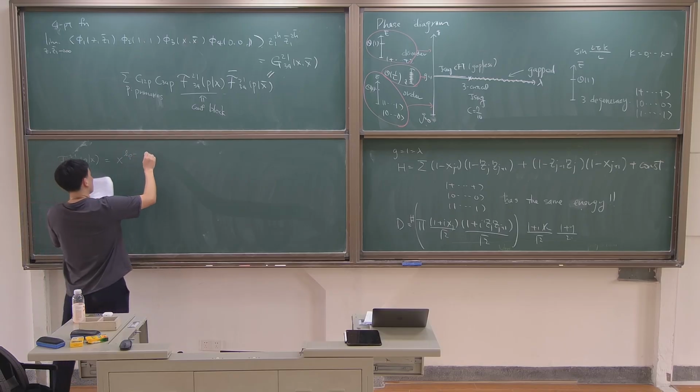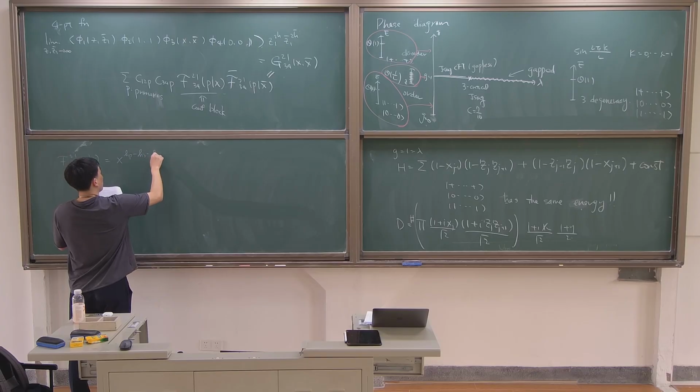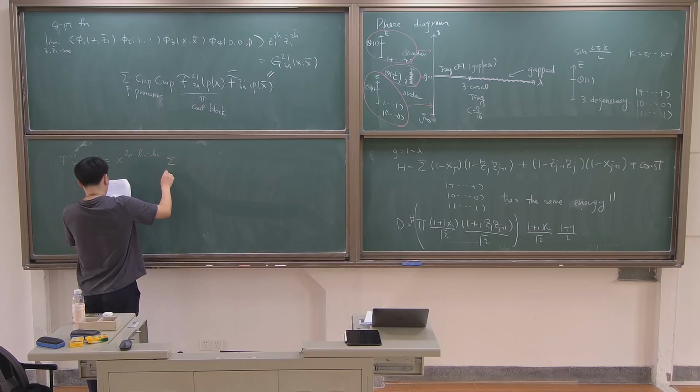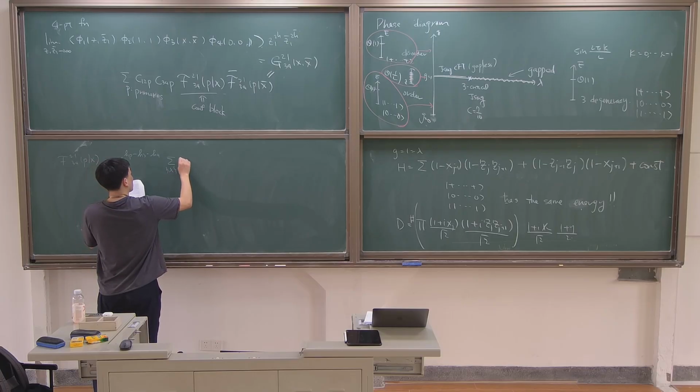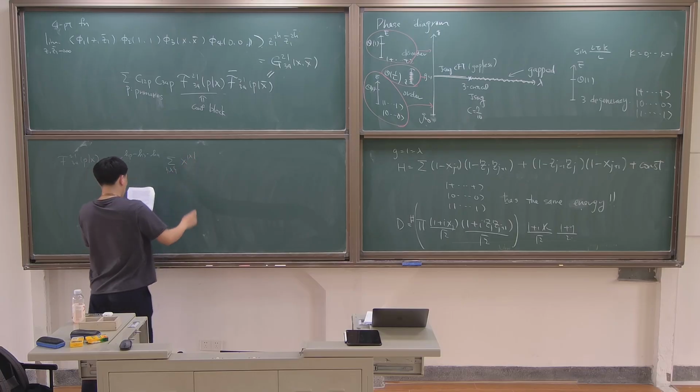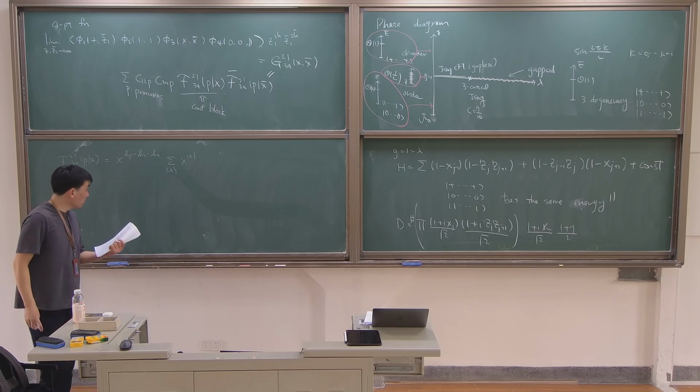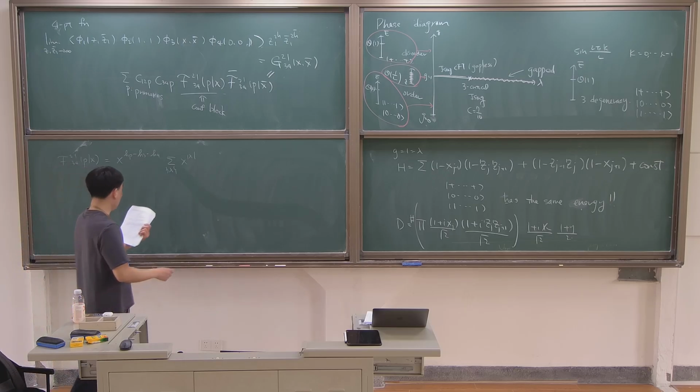HP minus H3 minus H4, and the sum over lambda. Lambda is a partition, and then x to the lambda. And then here we have the following sum.